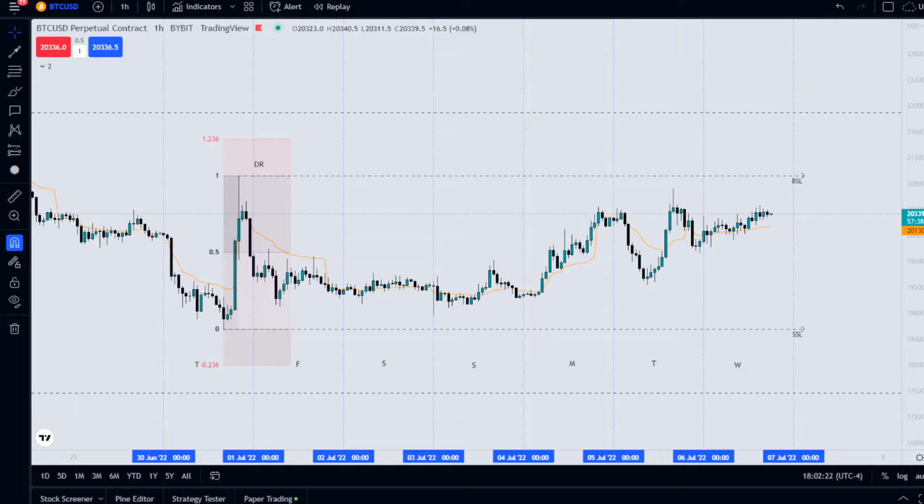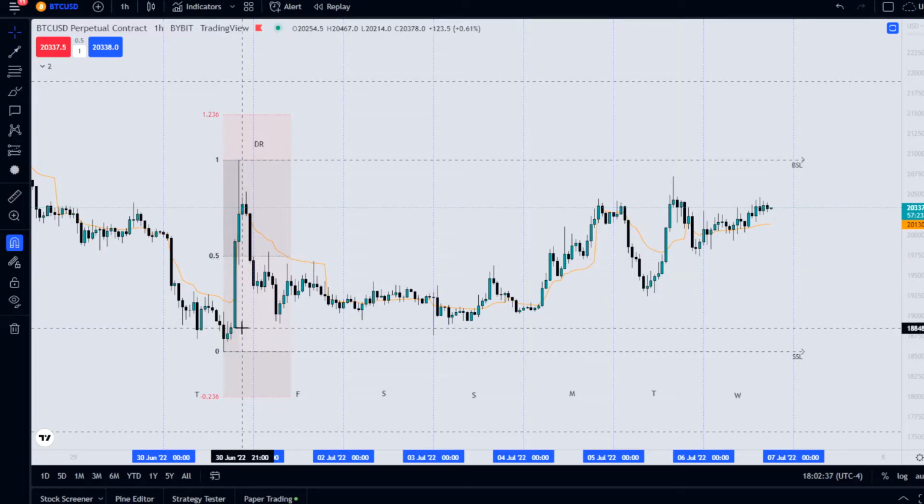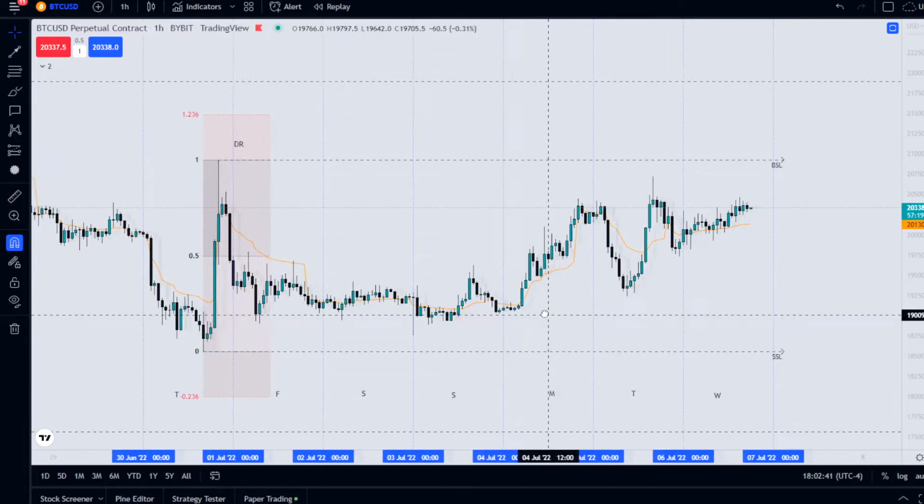Awesome. So we have our dealing range here. Swing high, swing low. Price quickly gets rejected after removing relative equal highs here, and quickly fills the imbalance that was left from this distribution, as you can see here. And then you have some sideways action over the weekend.